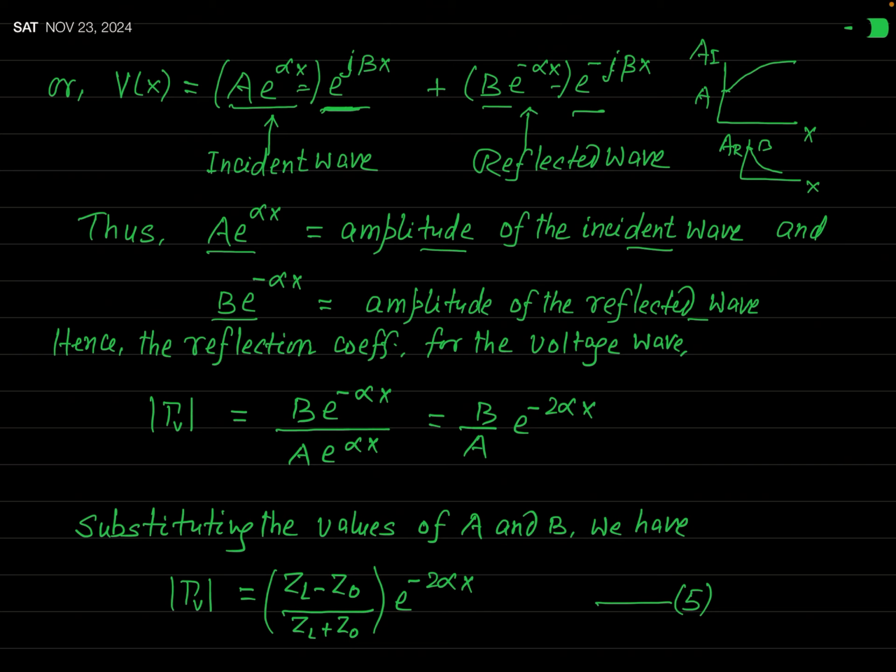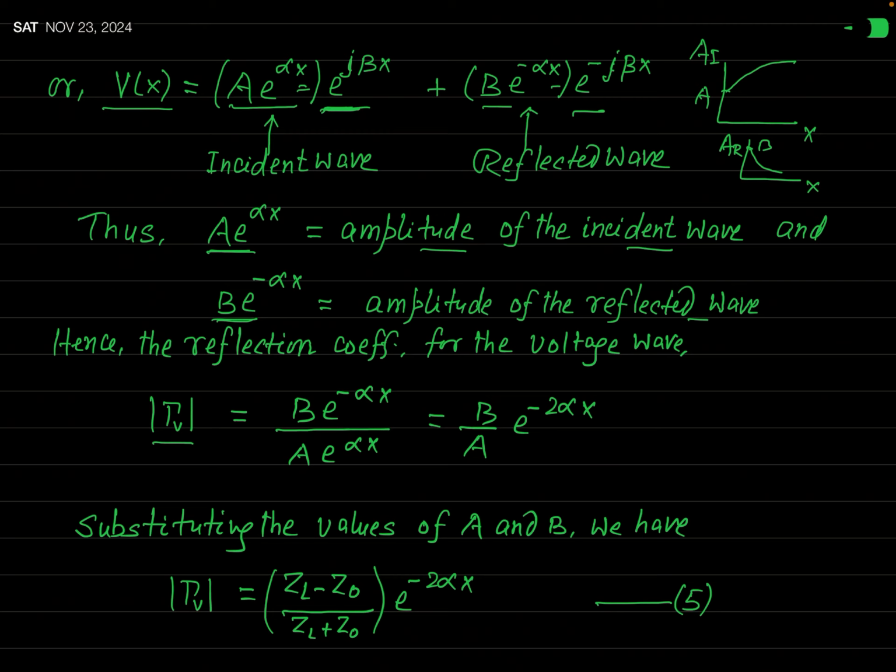Now, after knowing the expressions for the amplitudes of the incident and reflected waves, in accordance with the definition of the reflection coefficient, you can easily obtain it. Since we have simplified the equation for the voltage wave, I have written here the symbol gamma V. It means this is the reflection coefficient for the voltage wave, and that will be equal to the amplitude of the reflected wave divided by the amplitude of the incident wave.